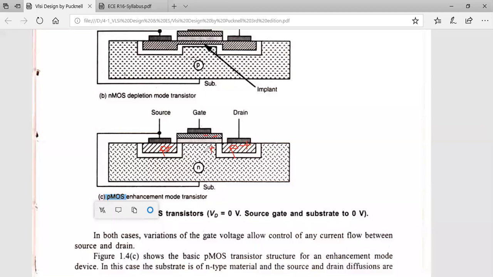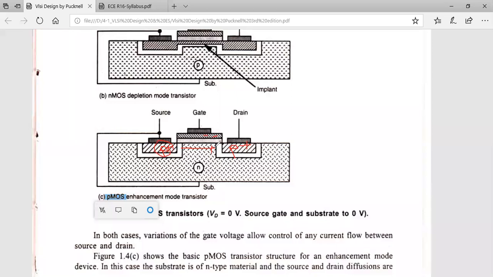Then I further increase my input voltage, that means I am giving a larger negative voltage. The electrons which are present here will get deflected, and then I further increase my negative voltage. The p-type holes start moving towards the drain.